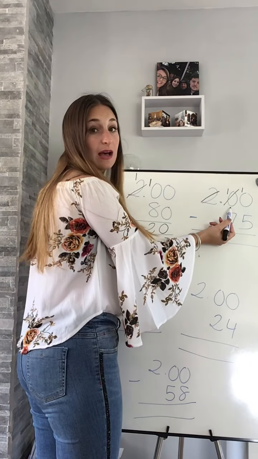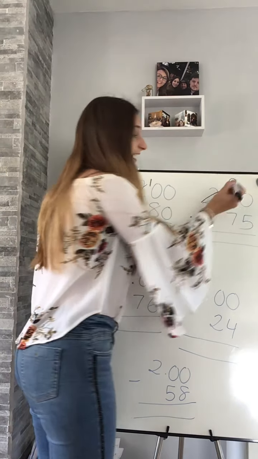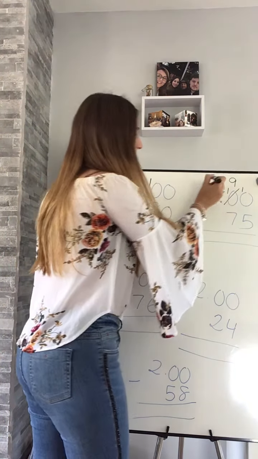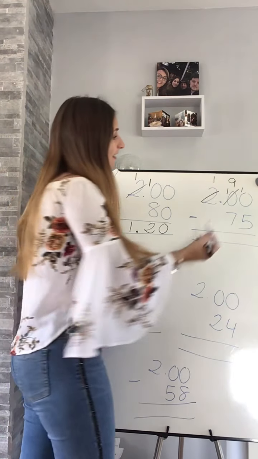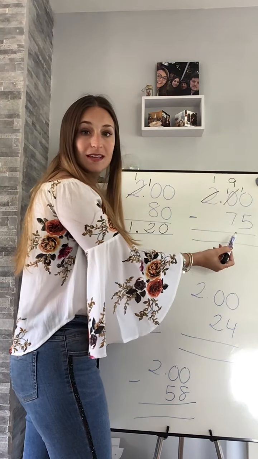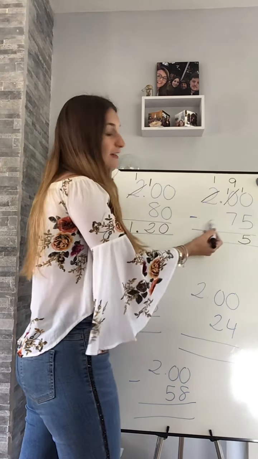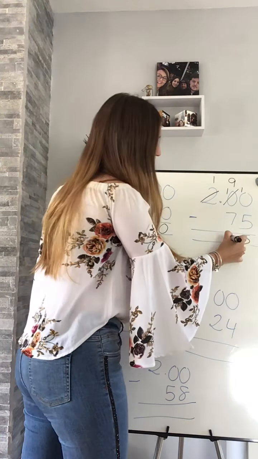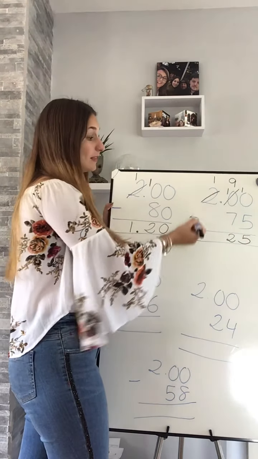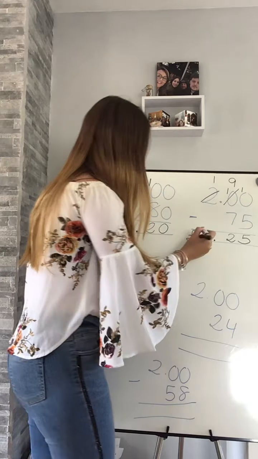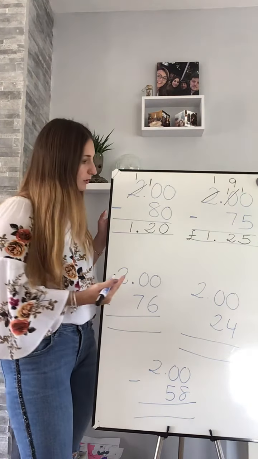Now this becomes a 9, and my hundreds column becomes a 1. 10 take away 5 is 5. 9 take away 7 is 2. And 1 take away nothing is 1. So your answer is £1.25.